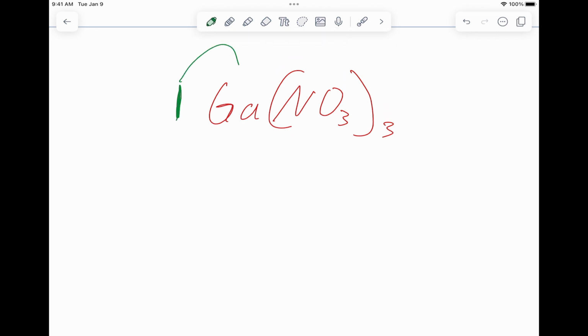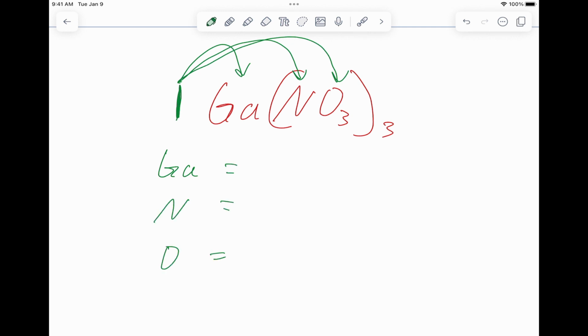And I know that 1 multiplies to every single thing in here: my gallium, my nitrogen, and my oxygen. Okay, and I'm also going to make a little note that I don't see anything here or here, so that's the same as having 1s, all right? And remember that this 3 multiplies backwards to both of those.